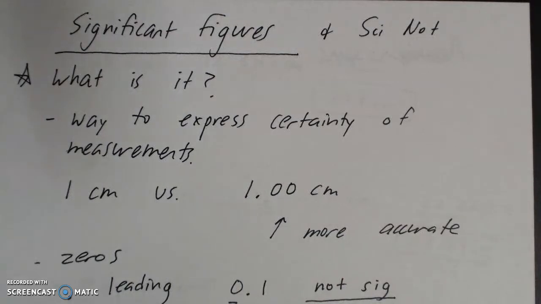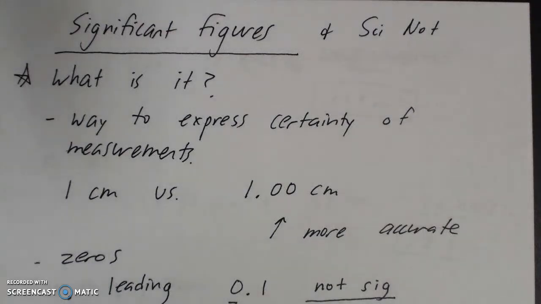And the language of science says that this is implying that I used a tool that was accurate down to that value. Versus over here, the 1 centimeter, well, that's not as accurate. So it gives us a sense of what we used to take the measurements with.